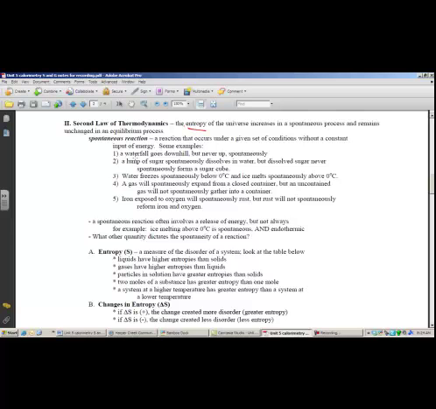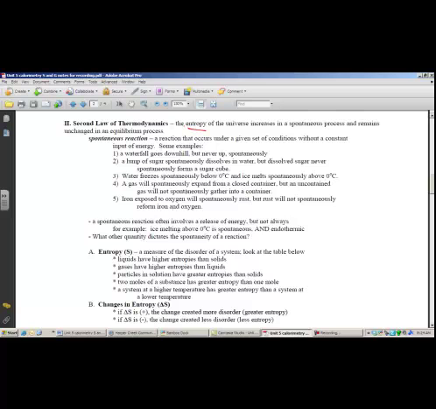A waterfall goes downhill. A lump of sugar dissolves. Ice melts. Gas will expand and sort of disperse. Metals rust.